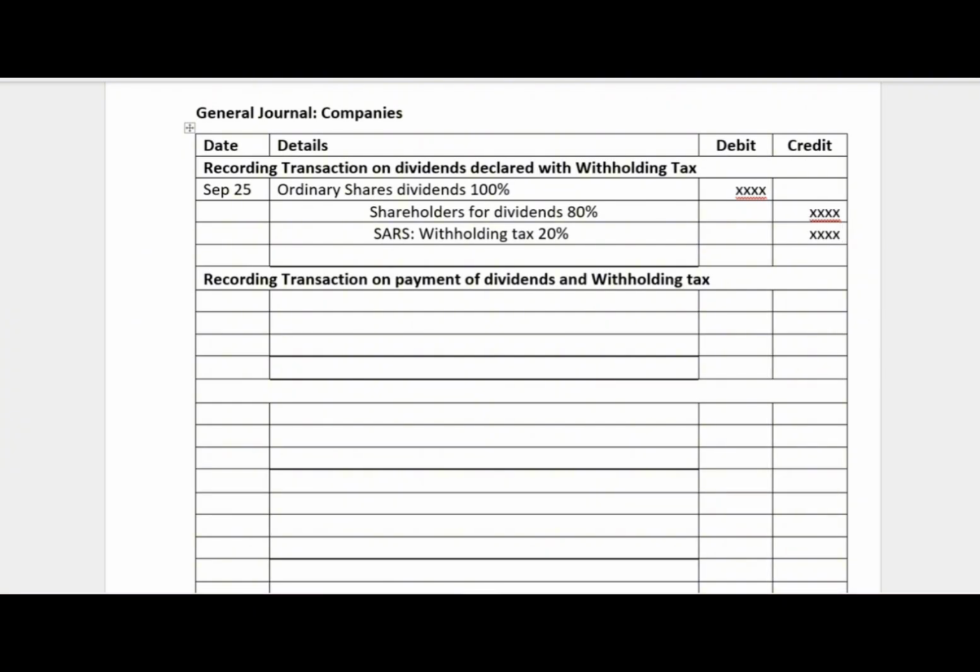All right, and then number 2, let's go and record a transaction on payment of dividends and withholding tax. So when you pay, let's say you paid on the 30th of September. So you can just say September 30, okay?